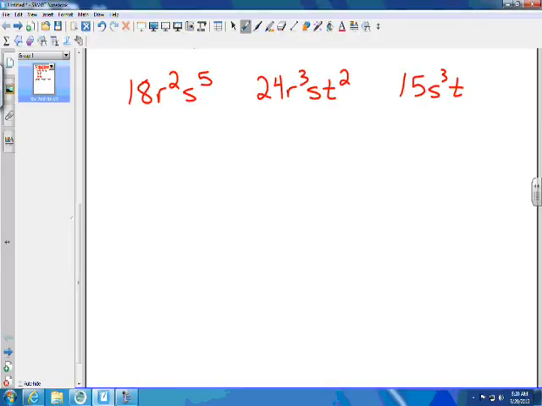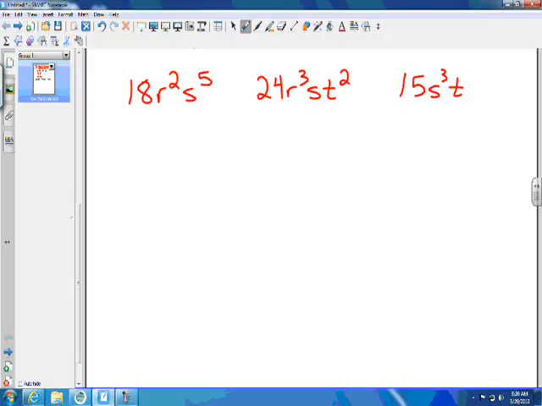So you always look at the numbers first, the coefficients out front, and you have to find, just like we did in that easy example, the smallest number that 18, 24, and 15 all go into. Most students just choose to do trial and error in your calculator until you figure that out. I'll show you another method that you can use.